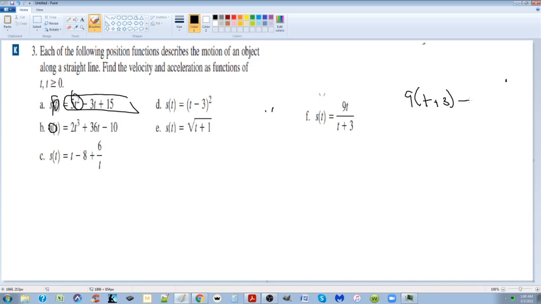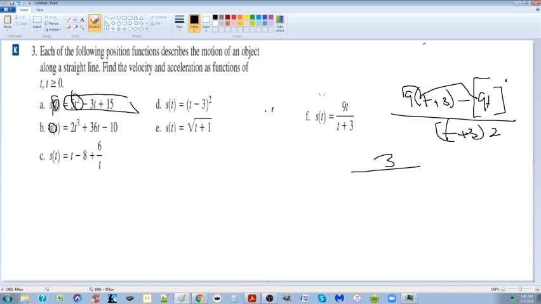The reason I don't like the quotient rule is this minus can really screw you up. Notice our t's are going to cancel out. 9t minus 9t, I'm left with this. So that's my velocity.